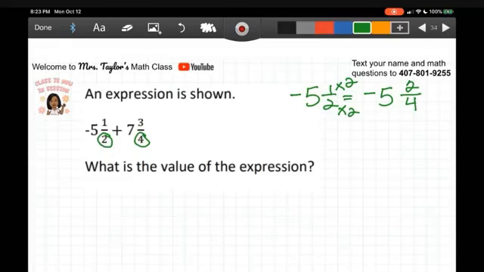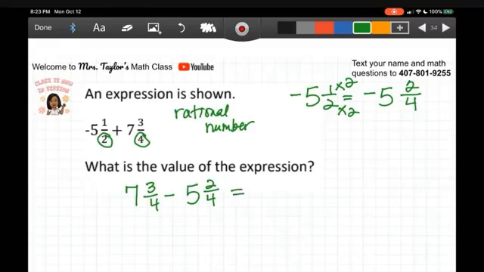So I know that when I am adding rational numbers, and these are rational numbers, when I'm adding rational numbers and they have different signs, I'm really subtracting them. So I can rewrite this as 7 3/4 minus 5 2/4.